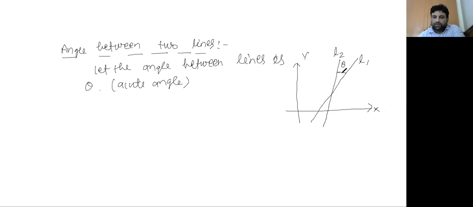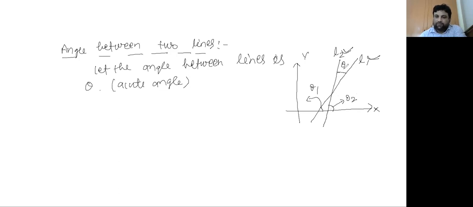Between these two lines, the acute angle is theta. Clear? Suppose this line L1 makes theta 1 angle with the positive direction of the x-axis, and this line L2 makes theta 2 angle with the positive direction of the x-axis.